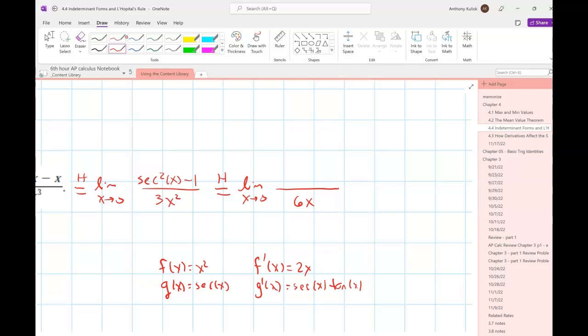So the derivative, f prime of g of x times g prime of x, would be 2 times secant times tangent, or 2 secant squared tangent.